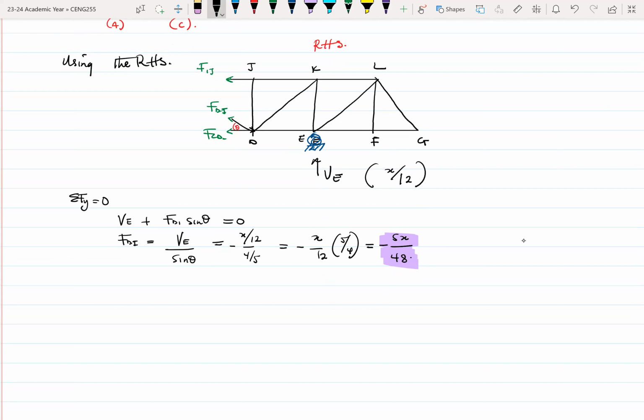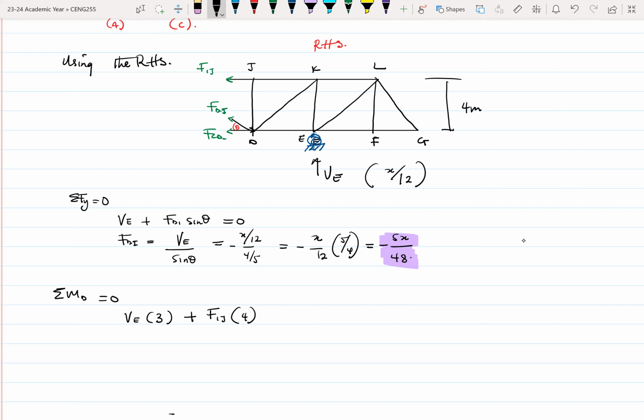Now let's find the other ones too. So let's take moment about D. It's easier that way. So taking moment about D to be equal to 0, we end up with VE times 3. From E to D is 3. And this will cause a counterclockwise rotation, and it will be in the same direction as the FIJ. It's going to be FIJ times 4. Okay, so this height here is 4 meters. Both FIJ and VE, their moments are in the same direction.